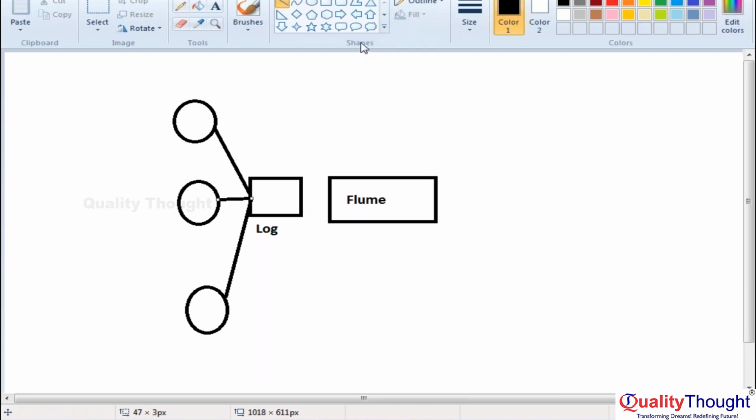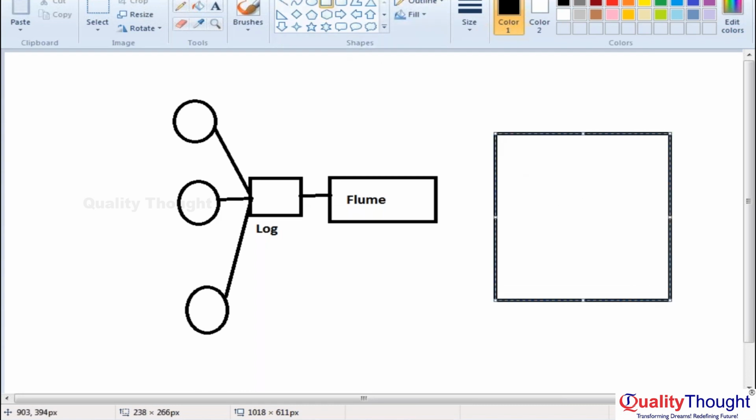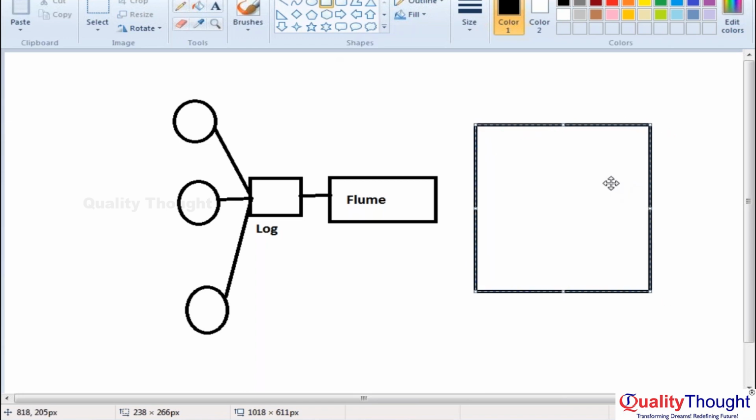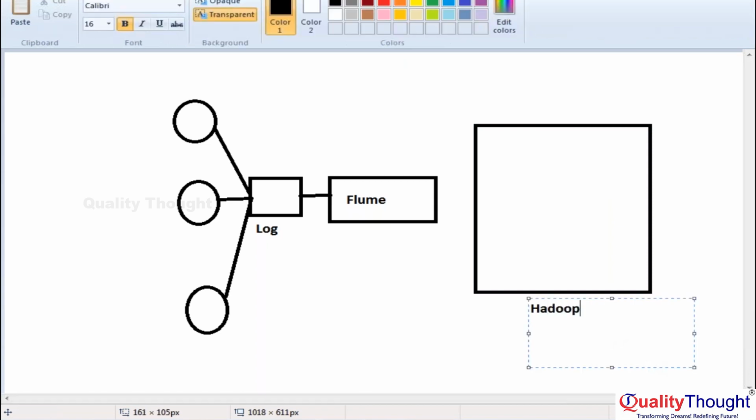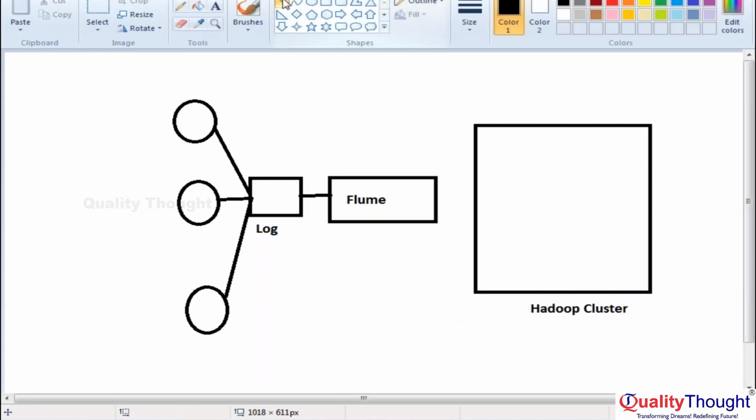Then we are capturing this data, and Flume is writing into the Hadoop cluster.